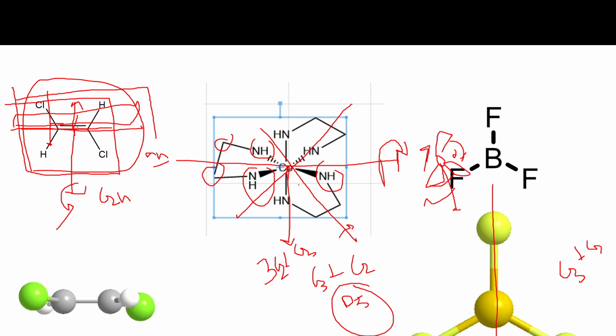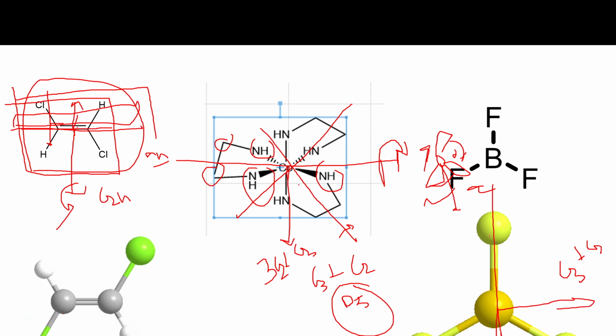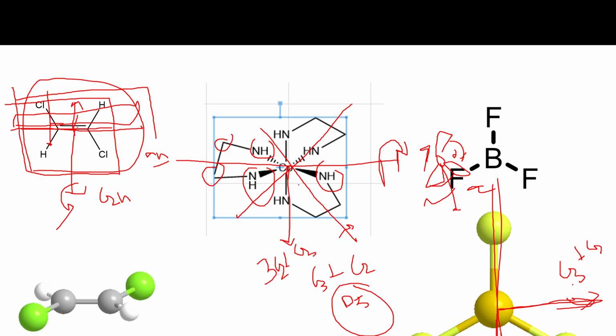Your principal axis C3 passes through this boron atom, and your C2 goes through this bond. This is the perpendicular direction to the principal axis.